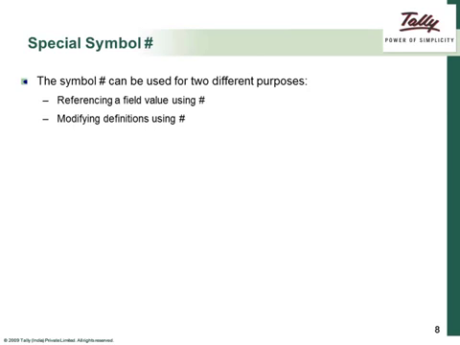Then the special symbol hash. One purpose we have already seen, that is modifying the definition name. We said hash gateway of Tally, and then we changed whatever we wanted. The second utility is to refer to a field value.